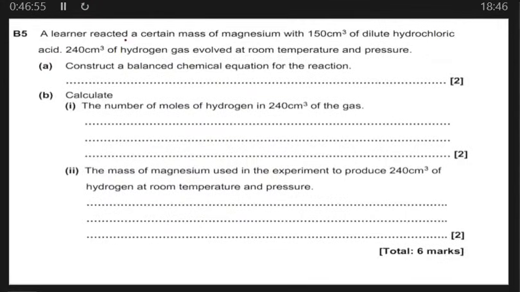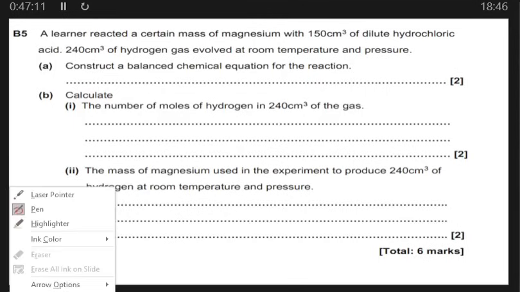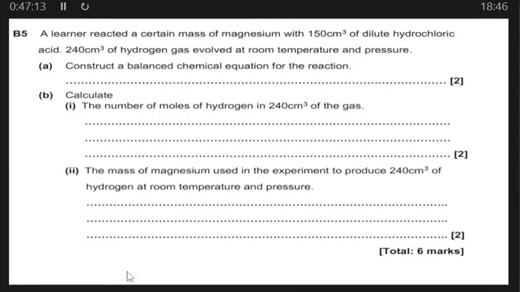B5 says a learner reacted a certain mass of magnesium with 150 cubic centimeters of dilute hydrochloric acid. 240 cubic centimeters of hydrogen gas evolved at room temperature and pressure. Then they are saying A, construct a balanced chemical equation for the reaction.